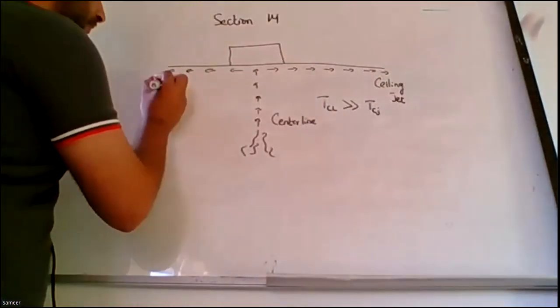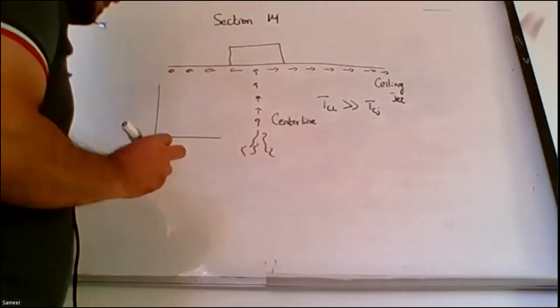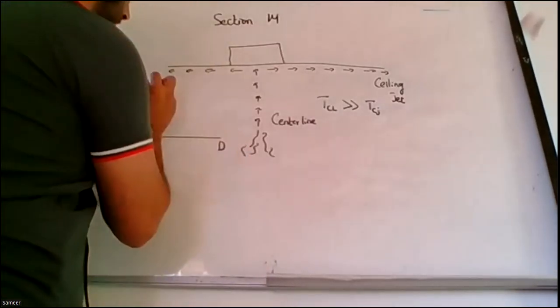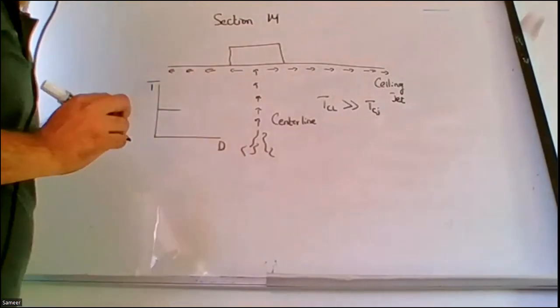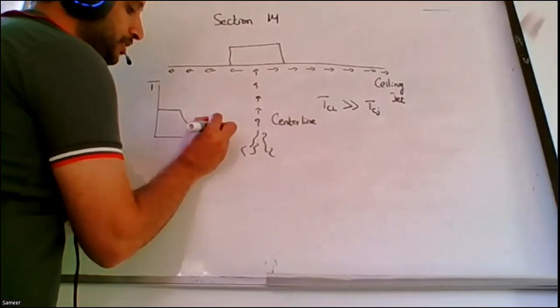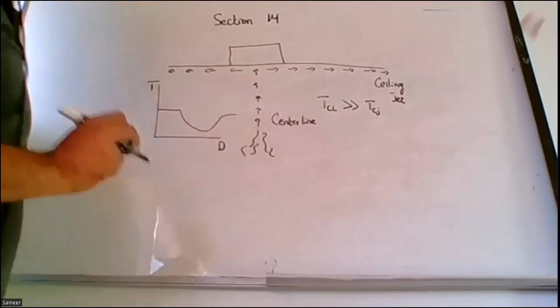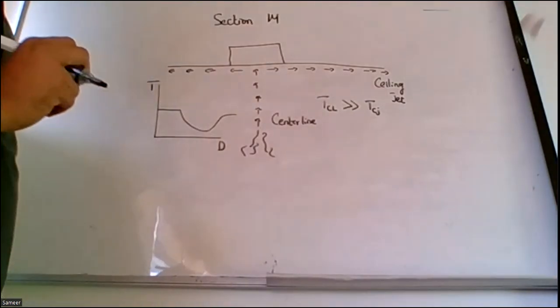If I want to draw a graph between the distance and the temperature, I can simply say that the temperature will remain consistent up to a point, then there will be a gradual decrease, and then if the source is continuously available, the temperature will rise again.